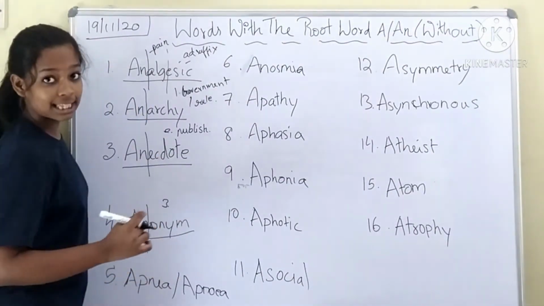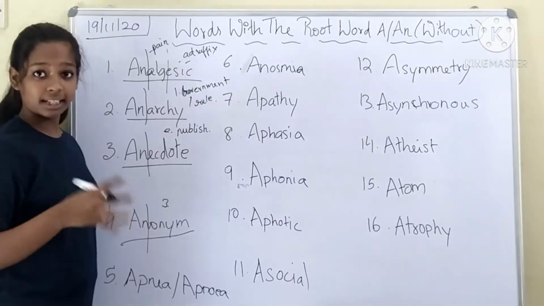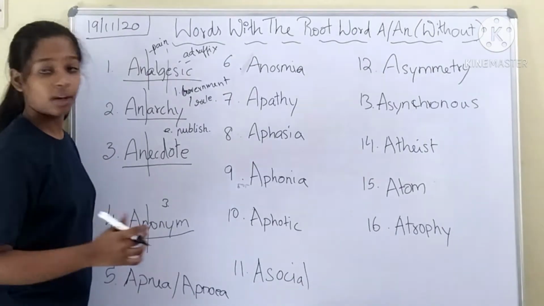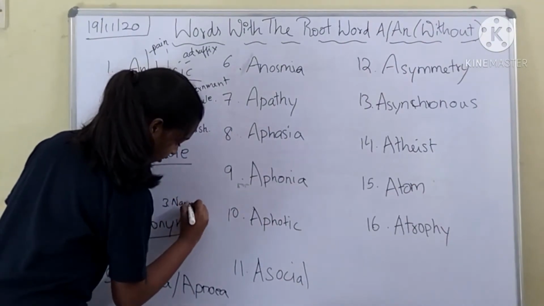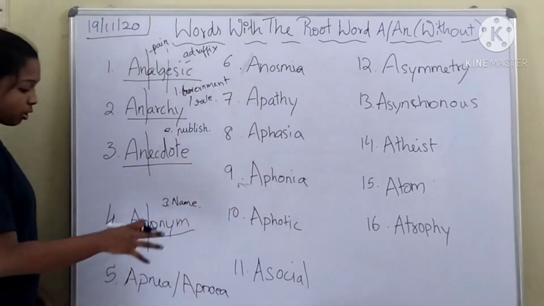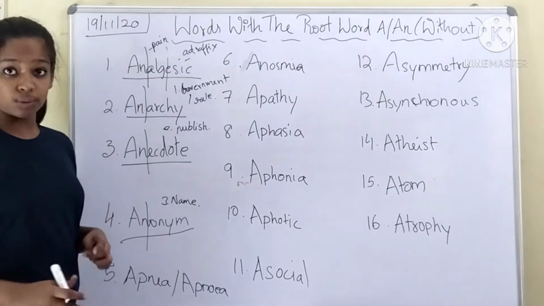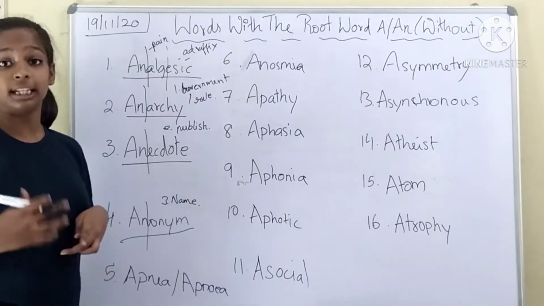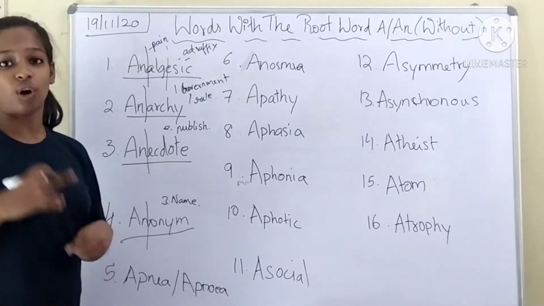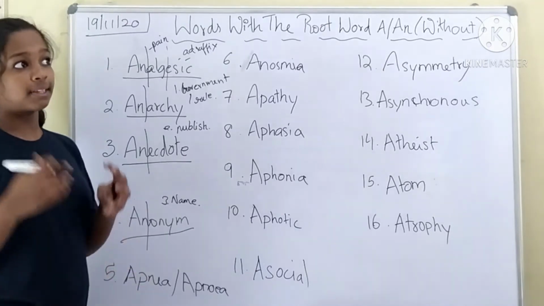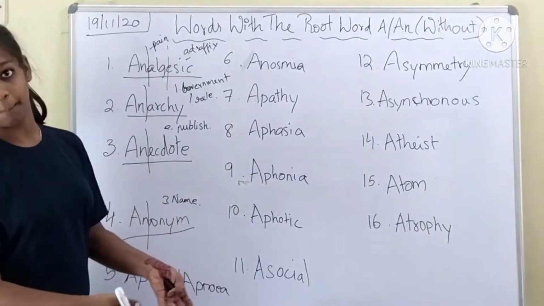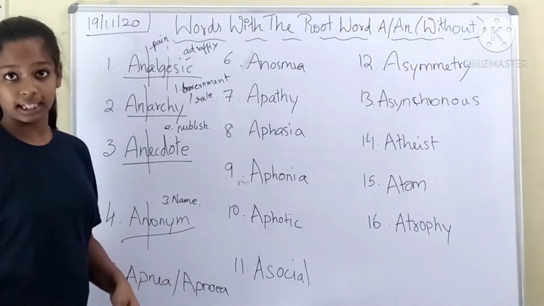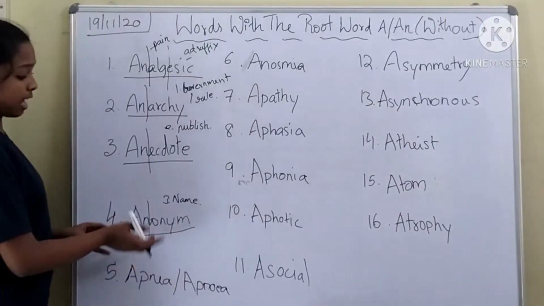It changes according to the words. So the word actually means without a name or with a name that is not made known. A person has a name but no one knows it. This thing has a name but no one knows that name. So that is known as anonym.